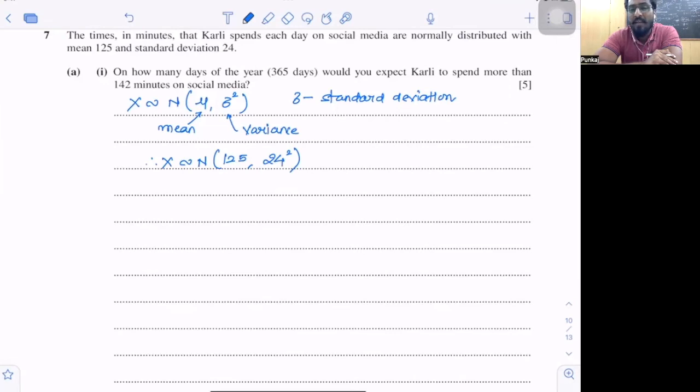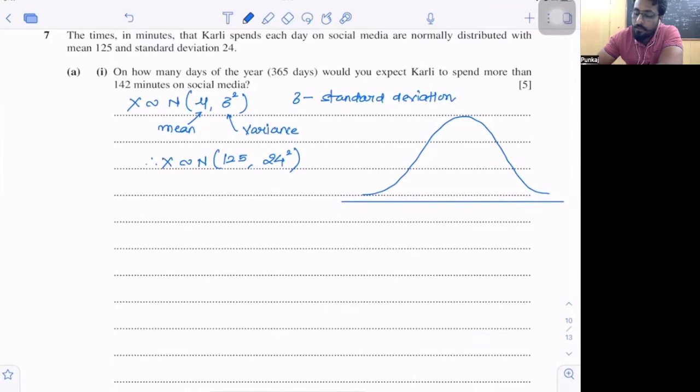Students, I am pretty confident that you already know what the graph for a normal distribution looks like. It's a bell-shaped curve, isn't it? So I draw a bell-shaped curve like this for the data. That's your x-axis, and then you also draw the y-axis.